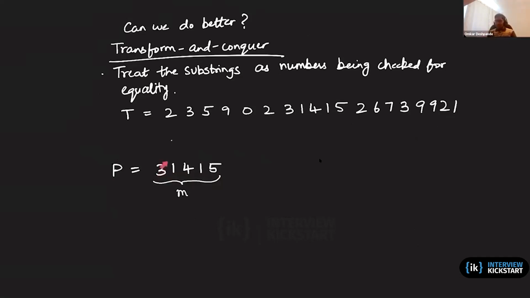So we need to convert this character 3 into the number 3. Then when we look at 1, we need to convert it into the number 1 or the digit 1. And then we need to combine 3 and 1 to make 31. Likewise, 314, when we look at this as the digit 4, then 3141 and 31415.